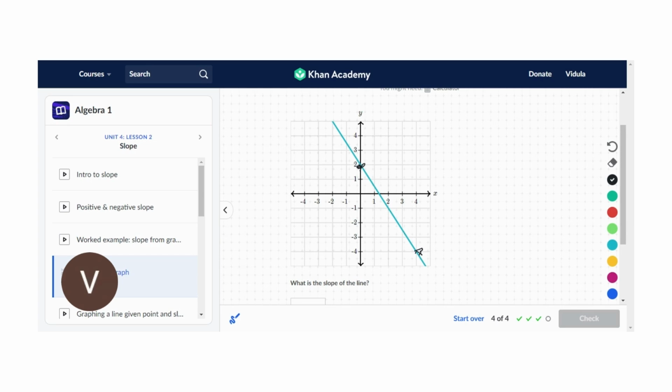So now that we have our 2 coordinate points, we can calculate them. The first one is pretty easy. It's 0 and 2. And the second one is a 4 and -4. So we saw our formula.